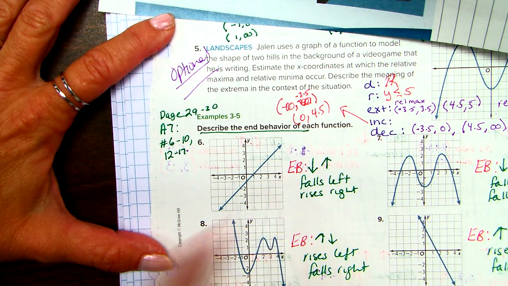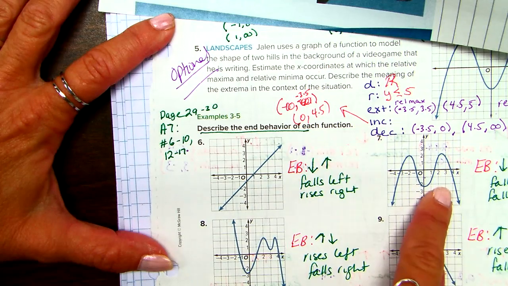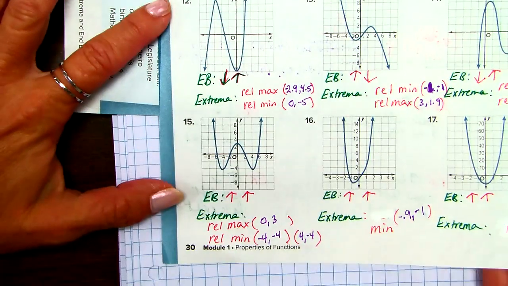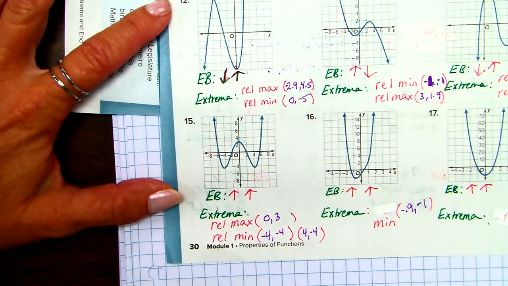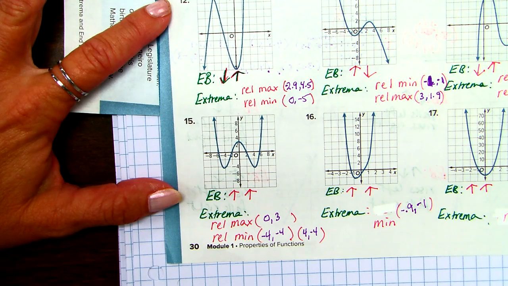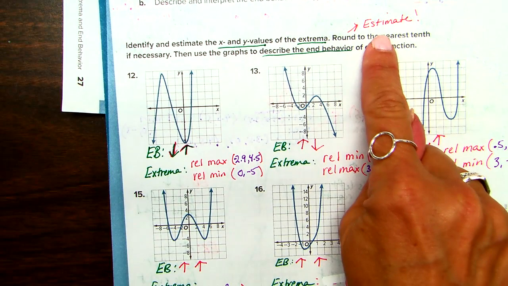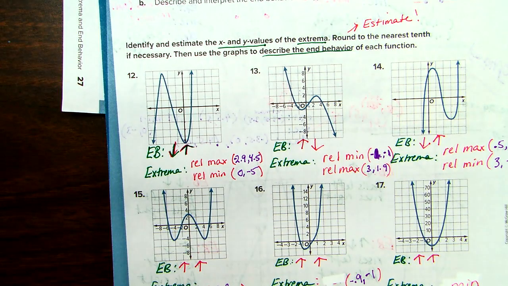EB means end behavior, just like we just did. So follow the directions. And then 12 through 17 on the back, you're going to do the end behavior, and you can just do the arrows on this one. And then give the relative mins and maxes, or just the extrema, I should say. That's for 12 through 17. And you're going to have to estimate some of them. They're not perfect. So here's the assignment.